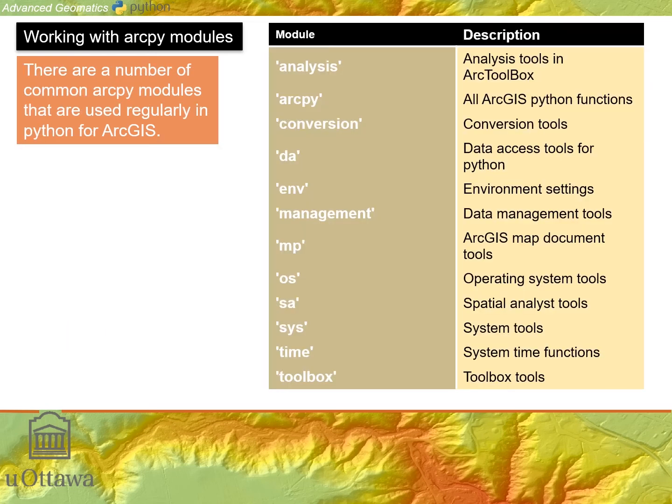Modules that are common. We have analysis. ArcPy, of course, being the big one. But if you don't want anything in ArcPy itself, you could just say, from ArcPy.analysis import something.